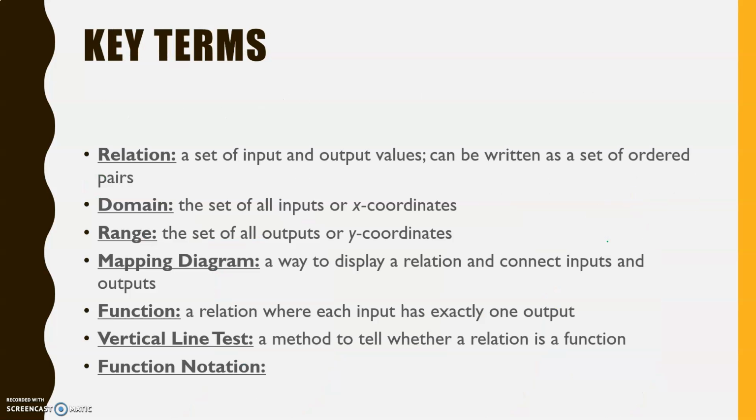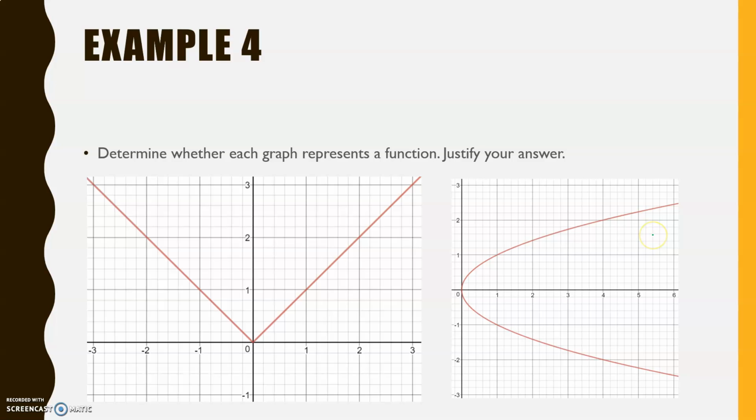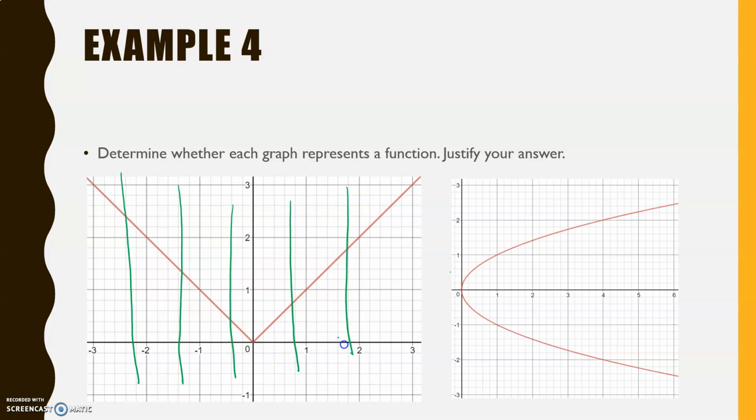The vertical line test, this is probably something familiar to you, but it's just a method that we use to tell whether a relation is a function. If we graph a relation, then the vertical line test tells us that if I draw a vertical line anywhere, I know that's not perfectly vertical, but we'll use our imaginations, it should only ever cross one point.